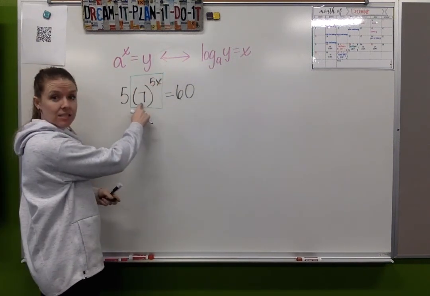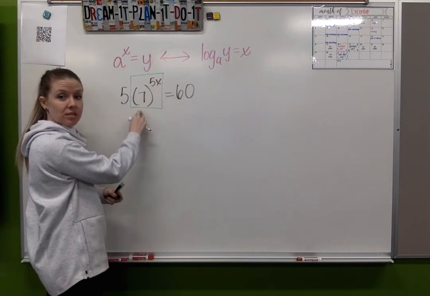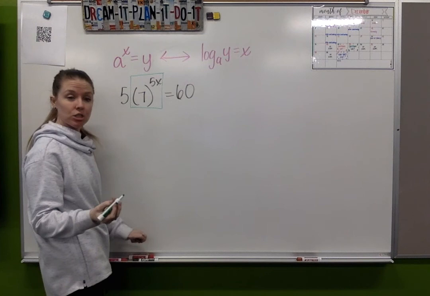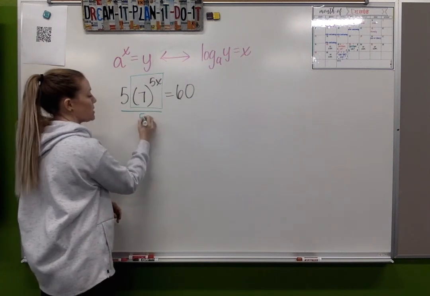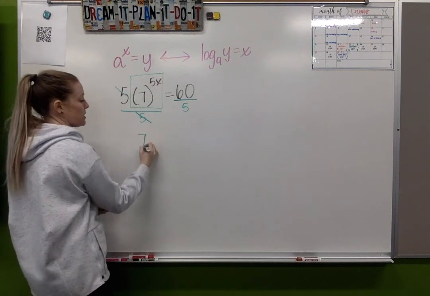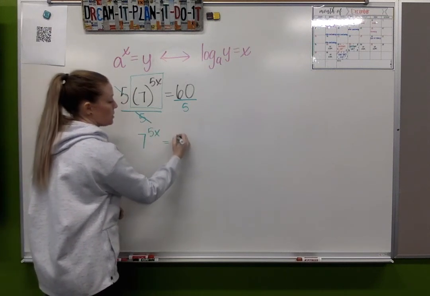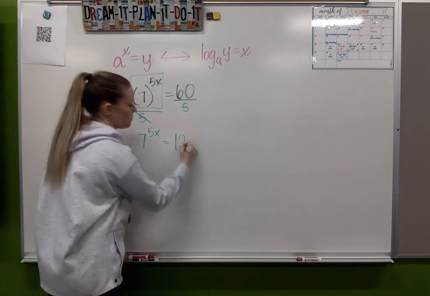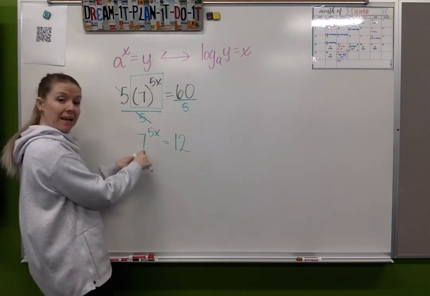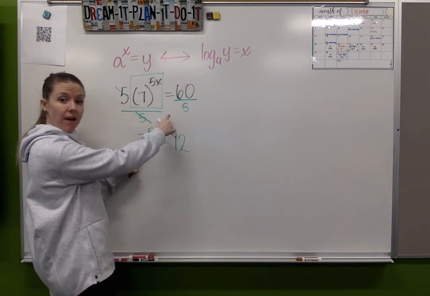The base is the piece that has the exponent. So 7 to the 5x, that's the base. So the first thing I'm going to do here, I'm going to divide both sides by 5. So then I end up with 7 to the 5x equals 12. Okay? And now, the base is by itself, 7 to the 5x.